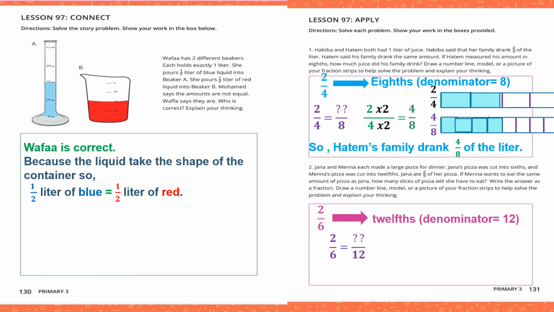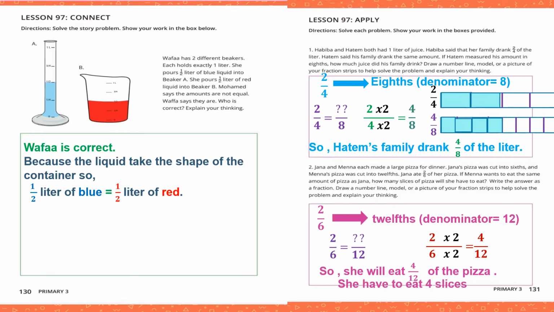So 6 times 2 equals 12. So I need to multiply the numerator by 2. 2 times 2 equals 4 over 12. So she will eat 4 over 12 of the pizza, or she has to eat 4 slices.